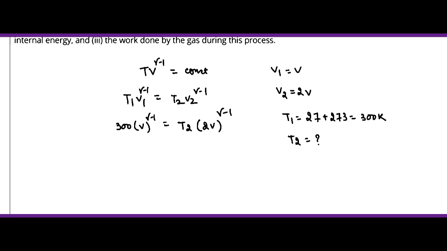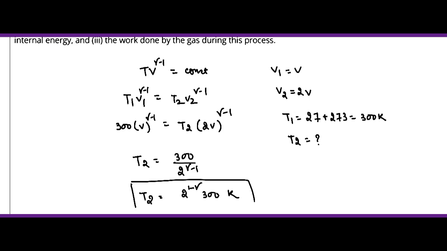So V^(gamma minus 1) cancels out, and the value of T2 is 300 upon 2^(gamma minus 1). I can also write this as 2^(1 minus gamma) times 300 Kelvin. So this is the final temperature of the gas. This is the first part.